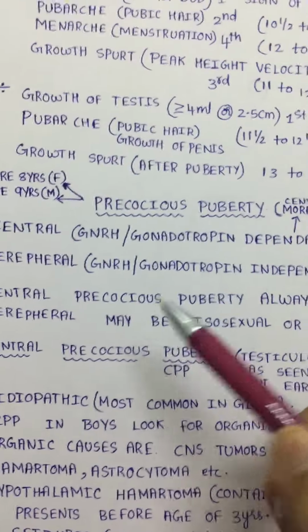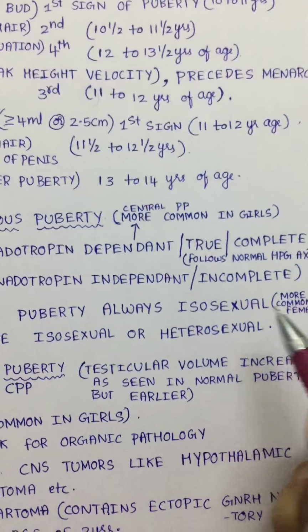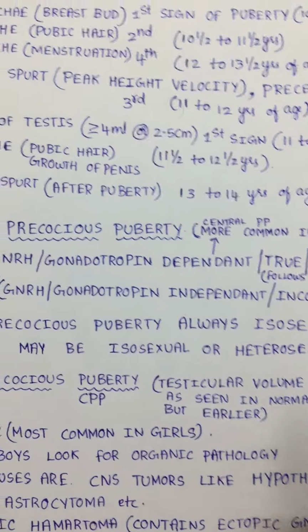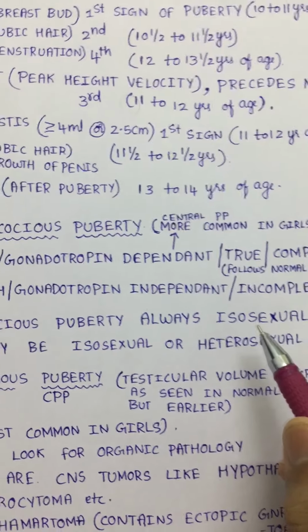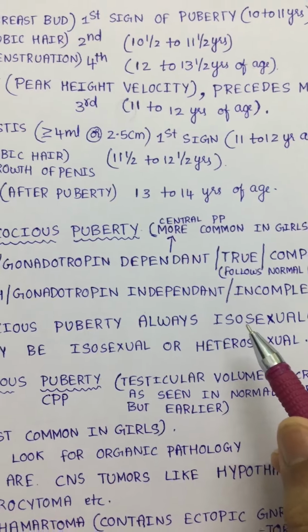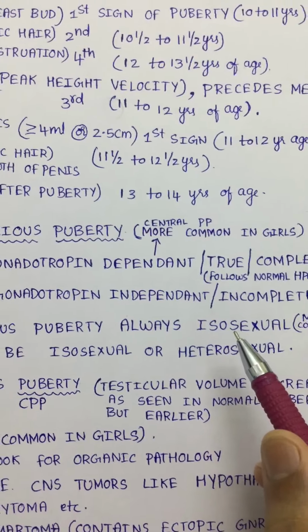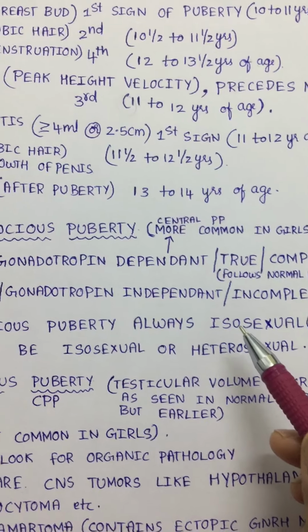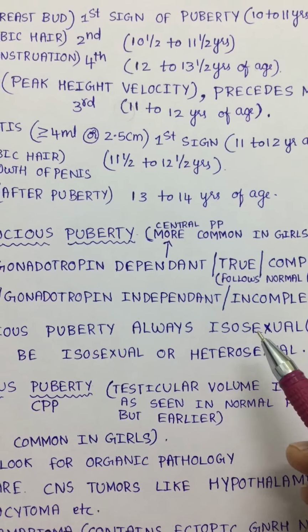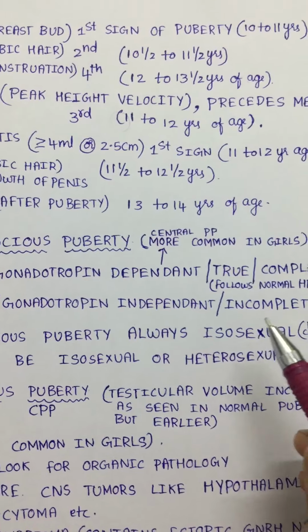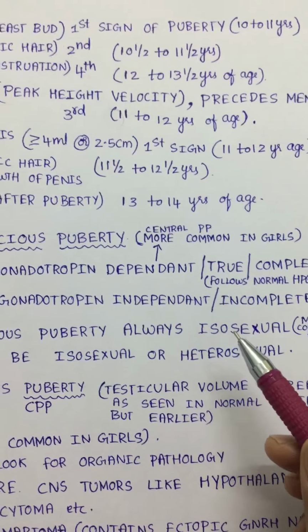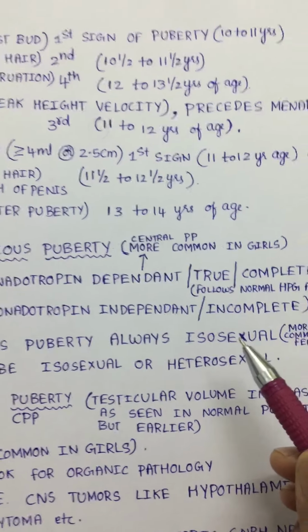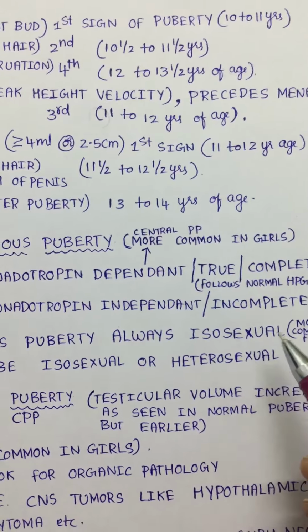Central precocious puberty is always isosexual, and more common in females. Isosexual means 46XY males will have male external and internal genitalia, and 46XX females will have normal female internal and external genitalia.